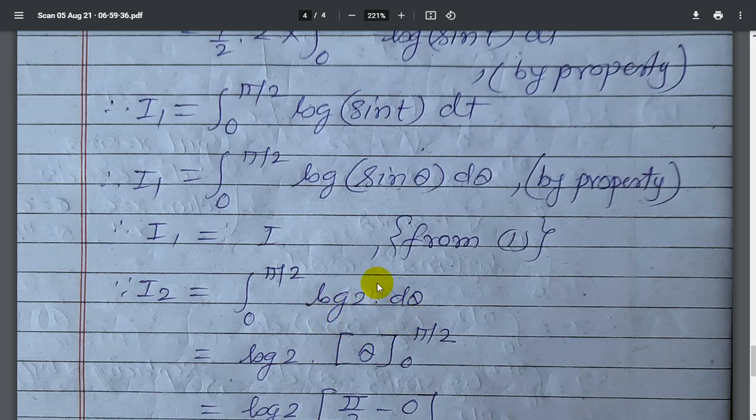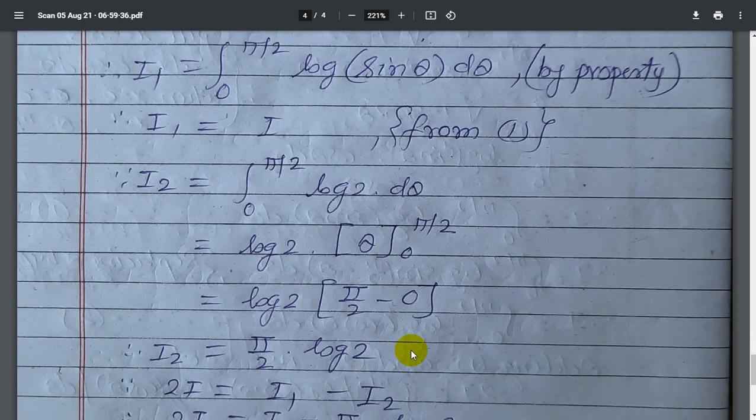Log 2 is a constant. Therefore, I2 can be written as log 2 into 1 d theta only, but integral 1 d theta is theta with the same limit 0 to pi by 2. Now solving this, log 2 as it is, here pi by 2 minus 0, upper limit minus lower limit. Therefore I2 equals pi by 2 log 2.